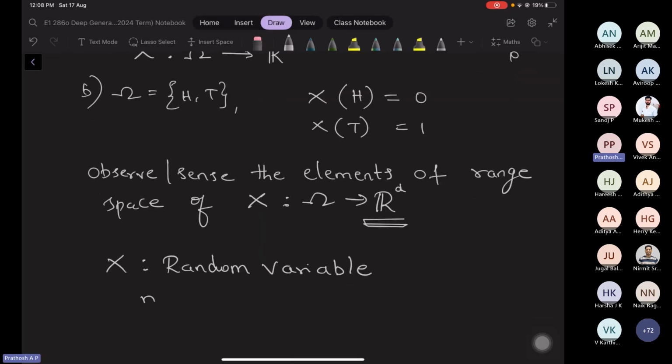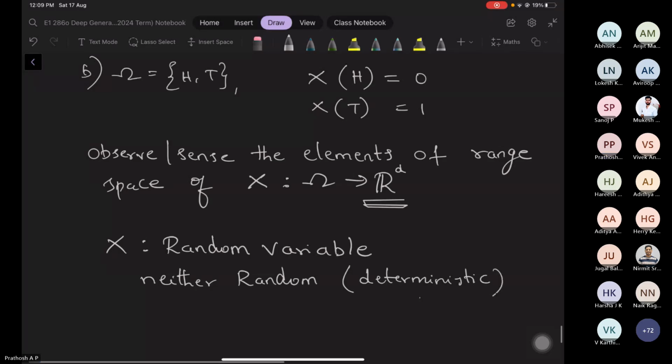This is neither random, because it's a deterministic function, nor a variable, because it is a function.